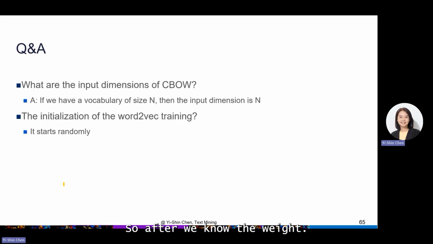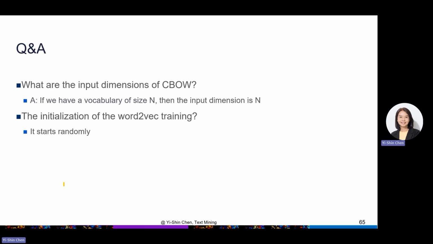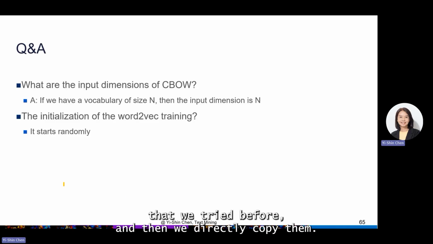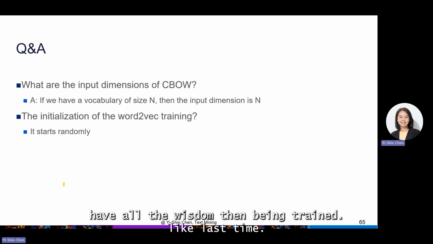After we know the weights, next time, if I am going to train something different but I don't want to start from scratch, I can utilize some parameter values that we trained before and directly copy them. In that case, we already have all the wisdom trained like last time.